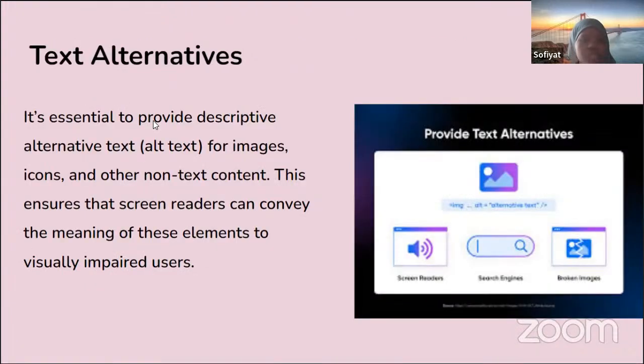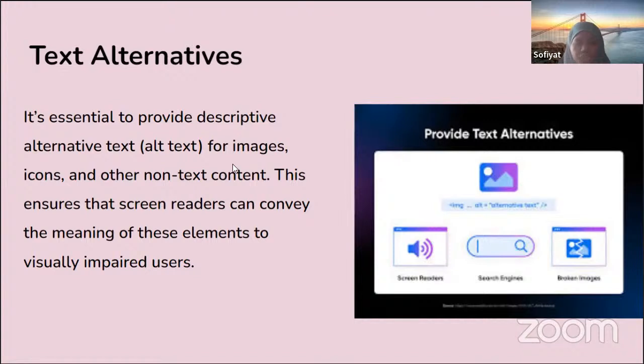Text alternative. It's essential to provide descriptive alternative text, alt text. If you see this illustration here, we have the screen readers and we have the search engine. Also, we have the image here. Like I said before, your screen reader will help you read your image.